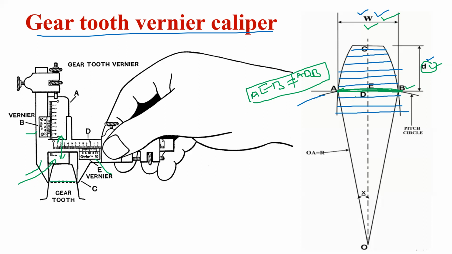Instead of measuring AEB, we are measuring the ADB. And then you can take the reading, the main scale reading and the vernier scale reading, and calculate as in the vernier calipers.